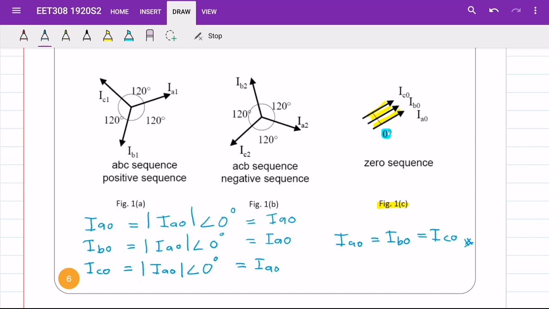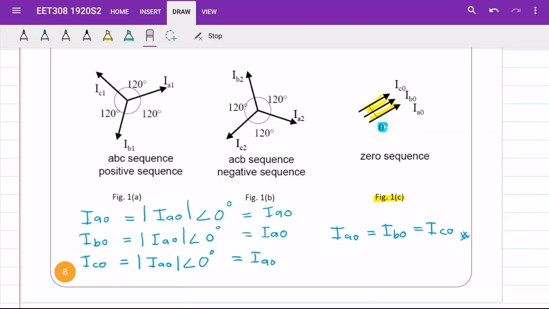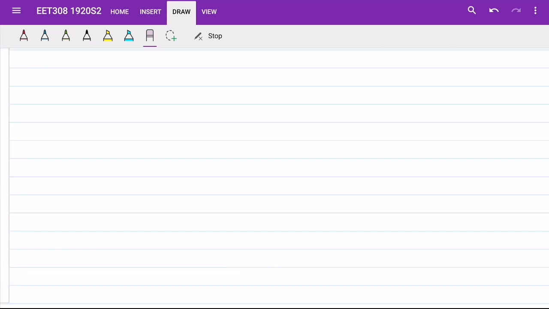From the positive, negative, and zero sequence symmetrical component currents that we have analyzed, we can use all the symmetrical component equations in order to analyze the unbalanced phasor. As we know, each unbalanced phasor has symmetrical components. For example, let's say we have current for phase A, IA. Current for phase A consists of IA0 plus IA1 plus IA2.